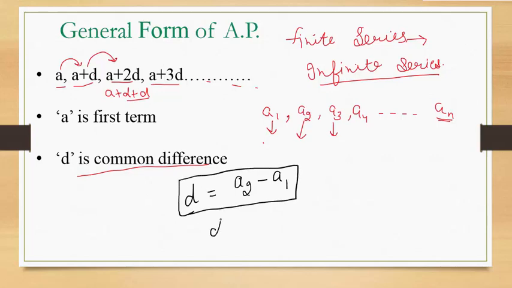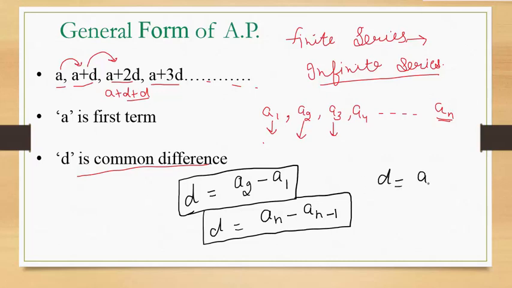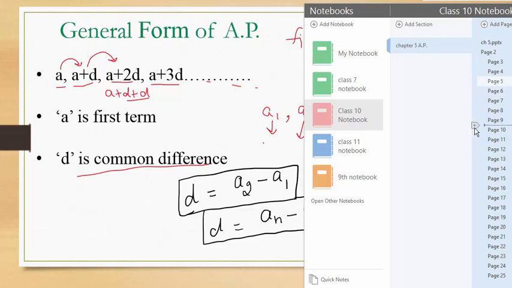And the general formula for the common difference will be an minus a(n-1), means nth term minus (n minus 1)th term. For example, D, that is A7 minus A6, means 7th term minus 6th term. This is common difference. Now, today we will discuss the nth term.